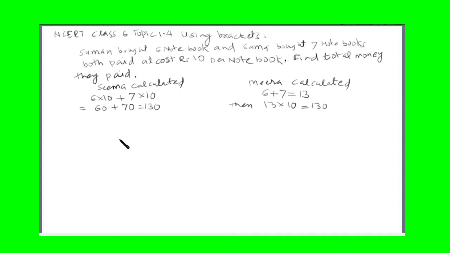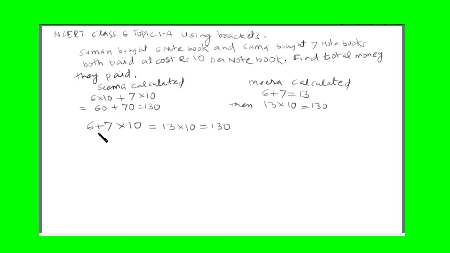But if we see the method of solution by Meera, then what we see is 6 plus 7 multiplied by 10, which we solve as 13 multiplied by 10 equal to 130.